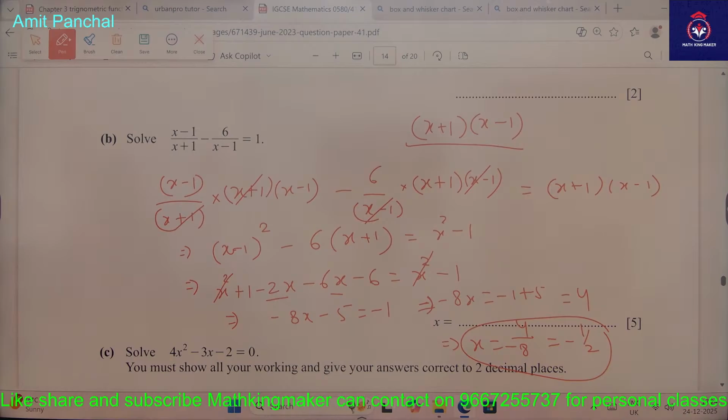Any other question? This problem is from exercise 22.2. There's only one more major question, using and rearranging formula.